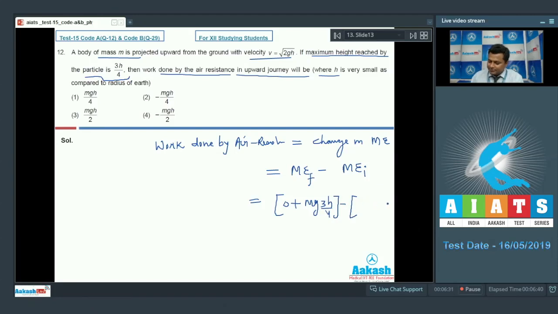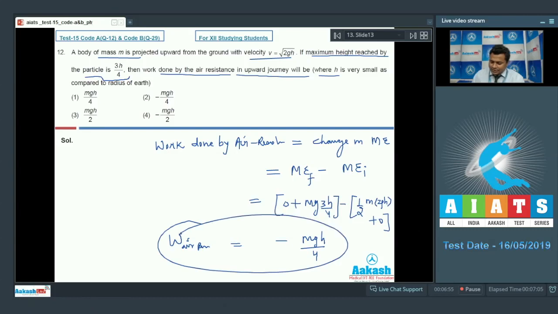Object is on ground, so we take potential as 0, kinetic will be half mv square, that is half m into 2gh, plus potential, ground as reference, will be 0. Solving it gets us minus mgh divided by 4. So this is work done by air resistance. This negative sign shows loss. So option number 2 is correct, and we will go with option number 2 only.